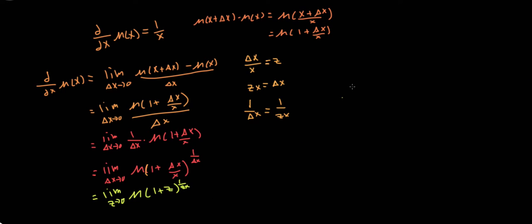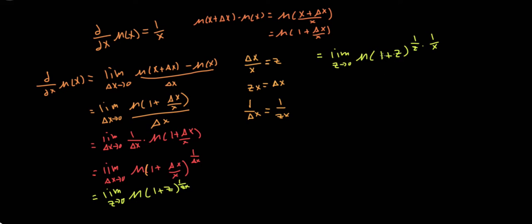Okay, so stick with me here. So now what I'm going to do is split up the exponents into two different quantities that are multiplied. So we have natural log of 1 plus z to the power of 1 over z times 1 over x. So this is the exact same expression. I just rewrote it slightly differently.